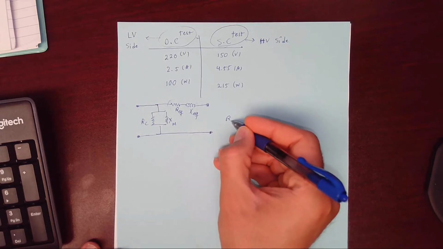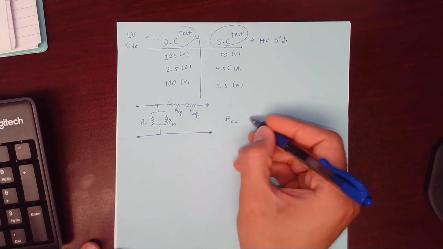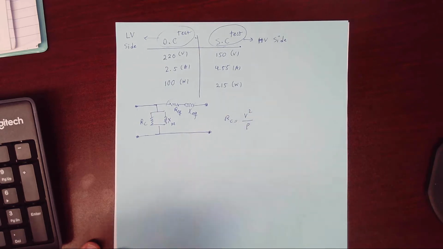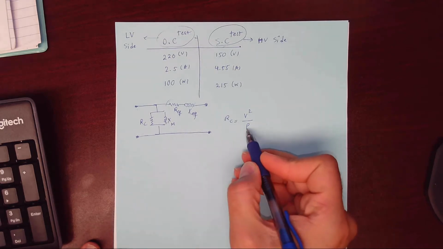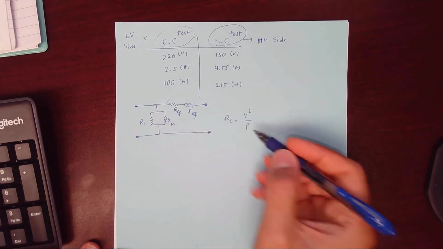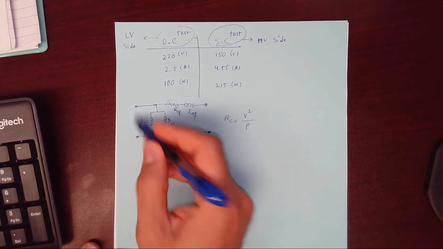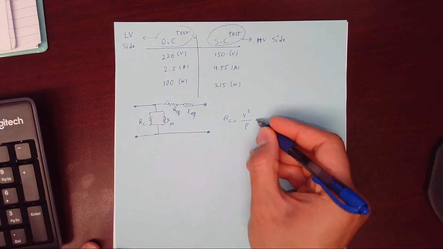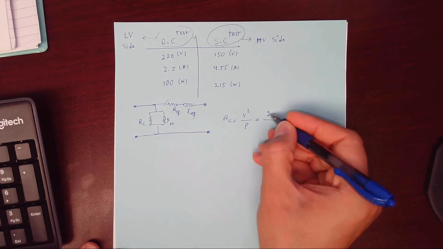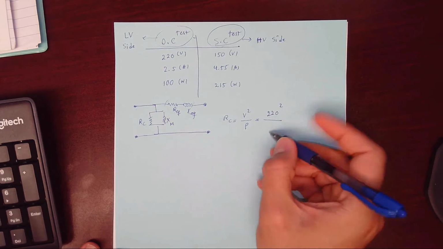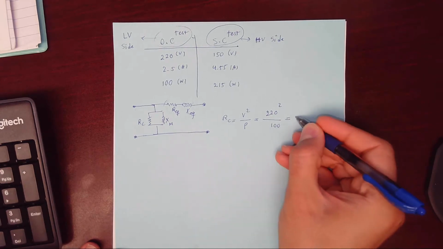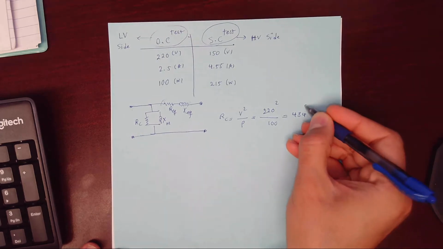So RC comes simply from this equation: V squared over P. P is the active power, already given, and the voltage across this terminal is already given. So it's going to be 220 squared divided by 100. It's going to be 484 ohms.